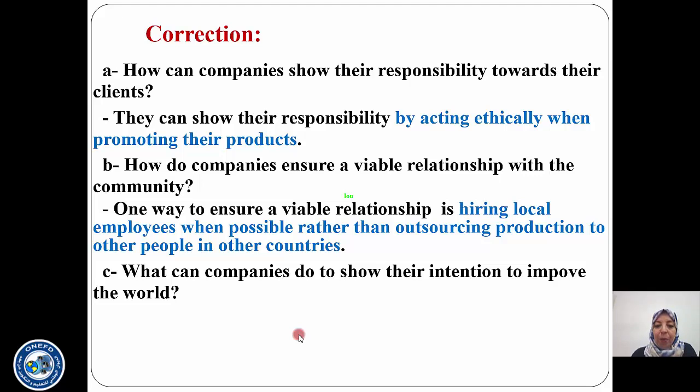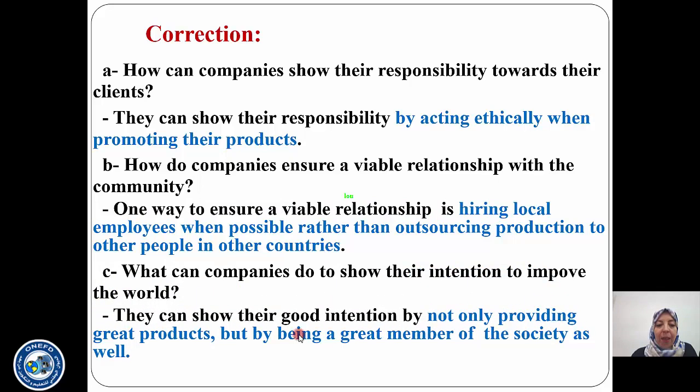Finally, how can they prove their good intention to improve the world? So you can say they can show their good intention by not only providing great products, but by being a great member of the society as well. So this is all for comprehension, for answering the questions.